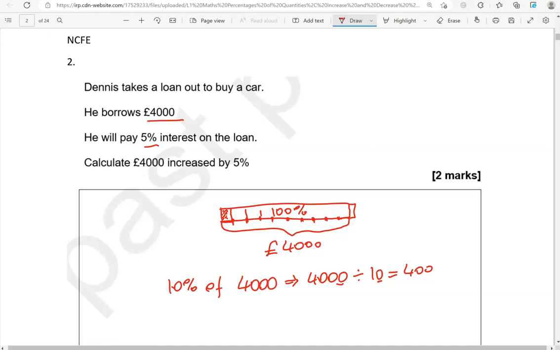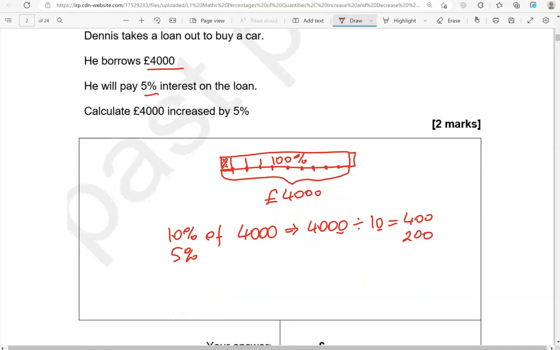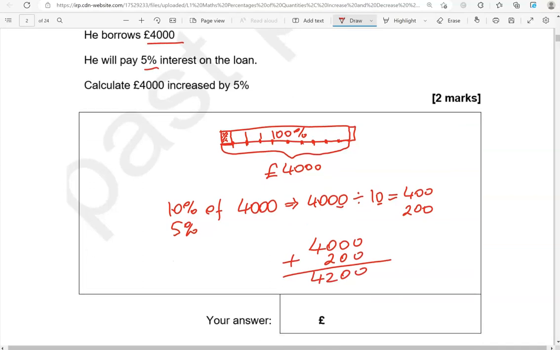So I've got that equal to 400. Now 5% is half of that. So that will be 200. So I can now add that on top of the 4,000. 4,000 plus 200 gives me £4,200. Because that's what the question asked. To calculate £4,000 increased by 5%.